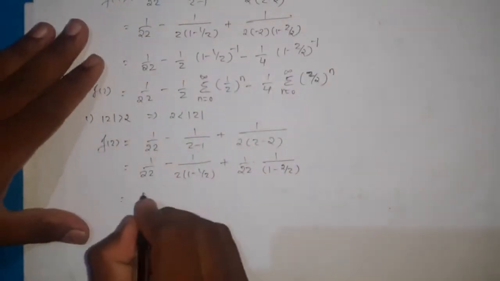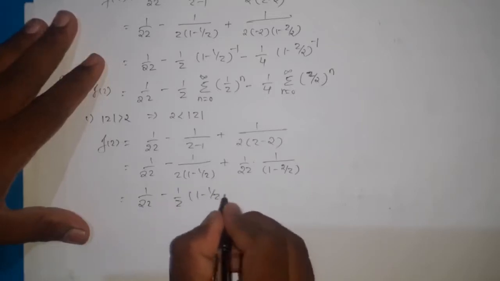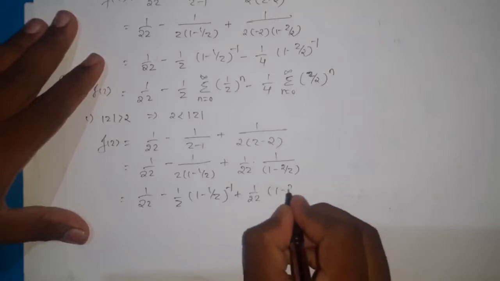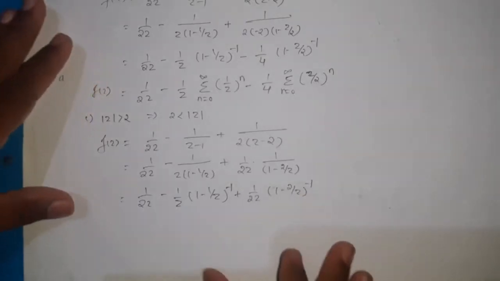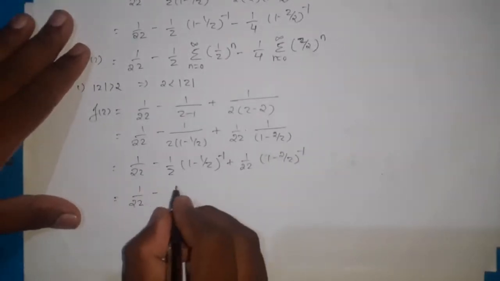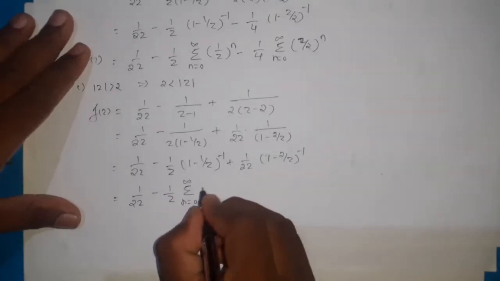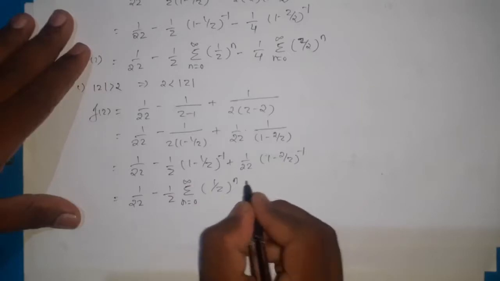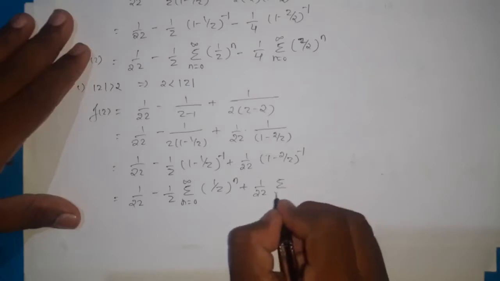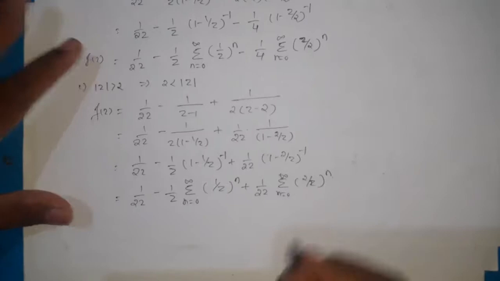Then this is equal to 1 by 2z minus 1 by z into (1 minus 1 by z) whole power minus 1 plus 1 by 2z into (1 minus 2 by z) whole power minus 1. That is 1 by 2z minus 1 by z into summation over n equal to 0 to infinity (1 by z) whole power n plus 1 by 2z into summation over n equal to 0 to infinity (2 by z) whole power n.